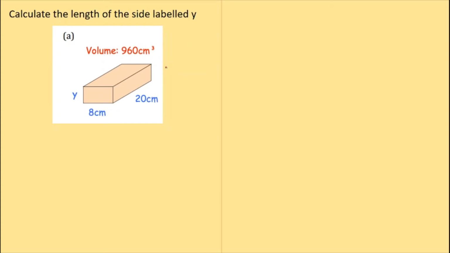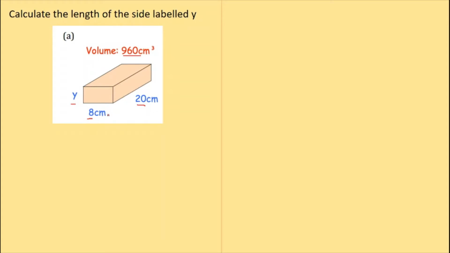Right, we can also use the exact same method to find the missing length on a shape where we know the volume. So here we have a volume of 960, and we have sides that are 20, 8, and y, and we want to know what is y.